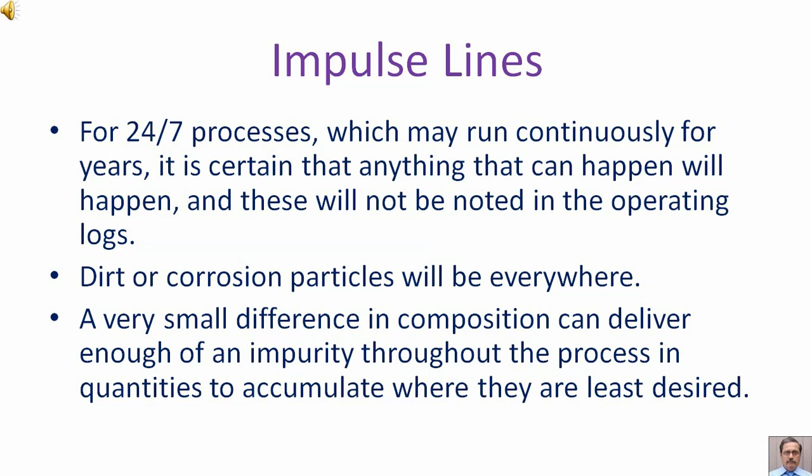Dirt or corrosion particles will be everywhere. A very small difference in composition can deliver enough of an impurity throughout the process in quantities to accumulate where they are least desired.